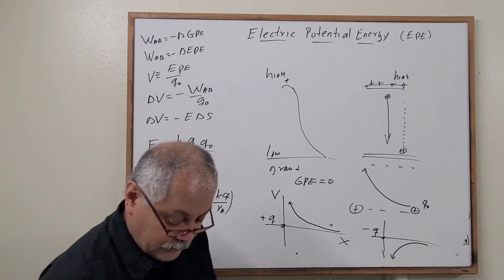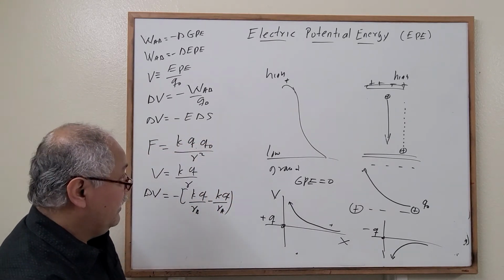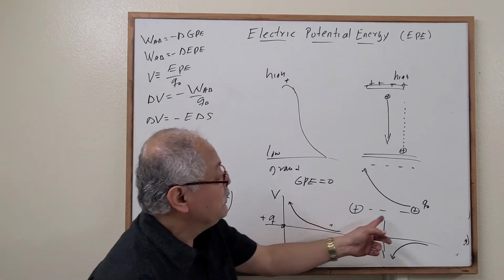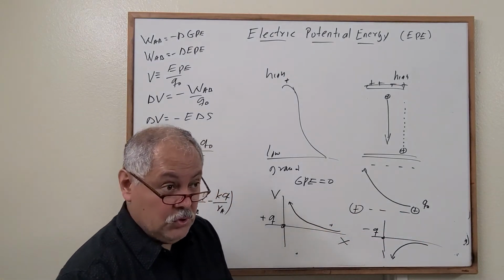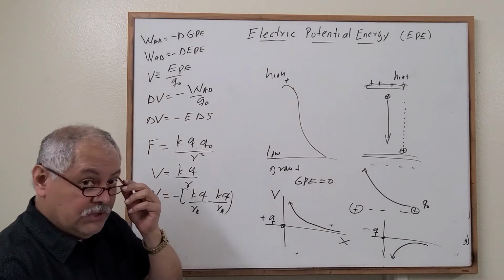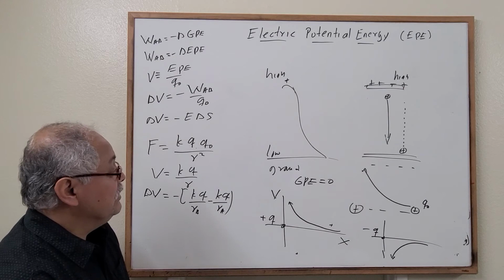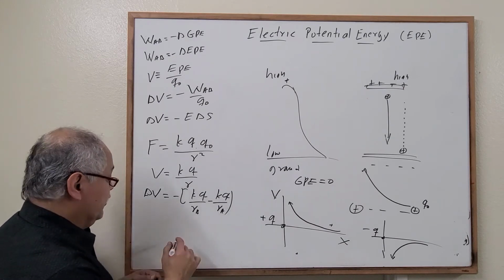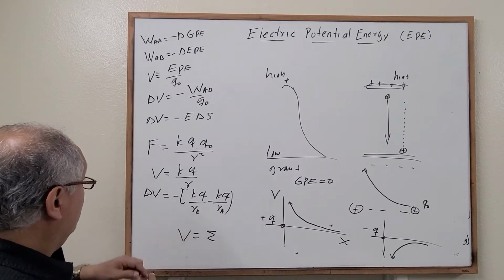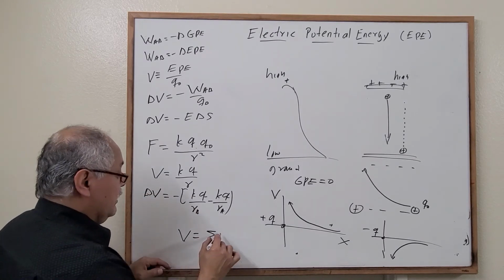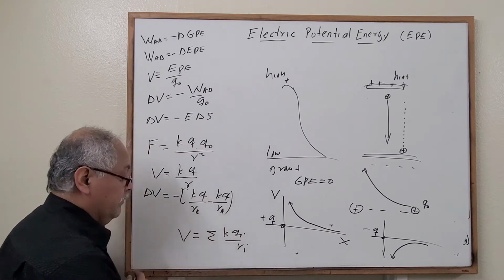Perfect. Now imagine that we have, this is the case when we have two charges. What happens if we have more than two charges? What should be the electric potential, right? Or the electric potential energy? Well, in that case, the electric potential is equal to the sum, right, of this product, K Q sub i over r sub i.